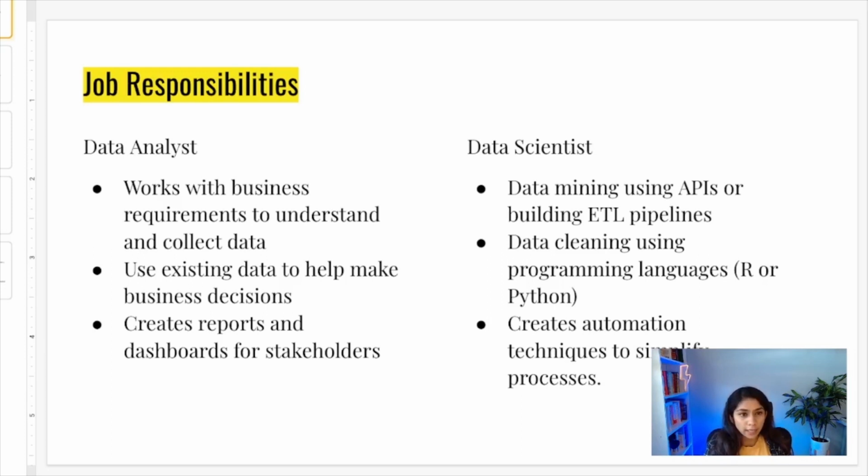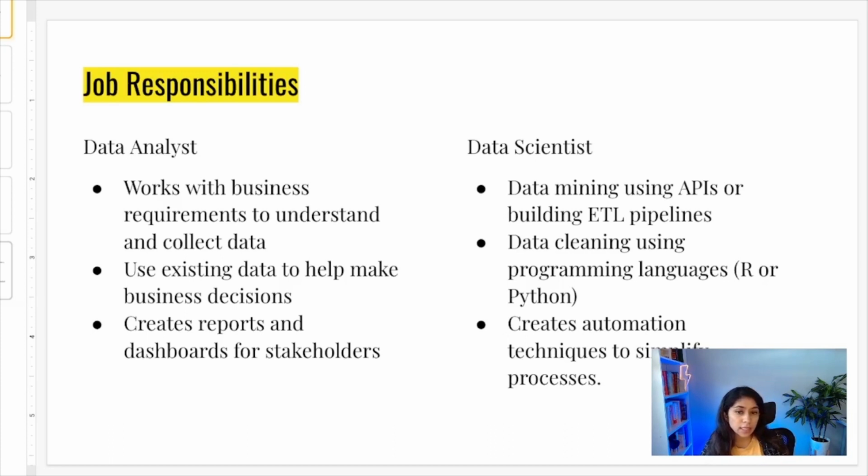A data analyst is someone who works with the business to understand and collect the data. Whereas a data scientist, on the other hand, does a lot more with technical tools. They do data mining using APIs and build the ETL pipelines. A data analyst uses existing data to help make business decisions.